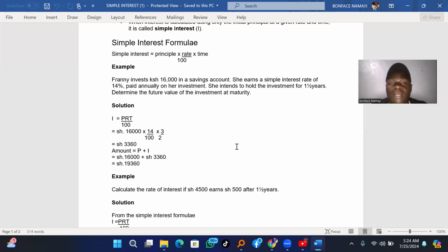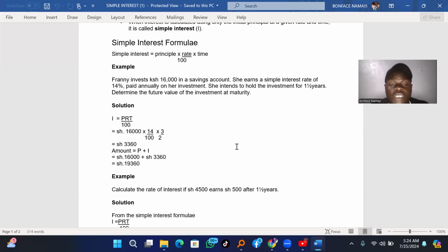That is the amount that Franny will have at the end of the 1.5 years. So we take the interest that she has earned in that period, then we add it to the principal.